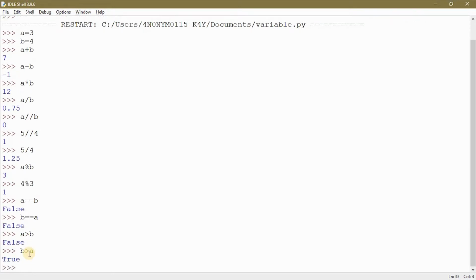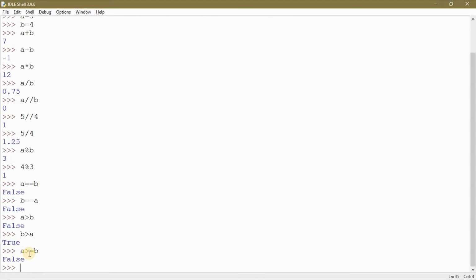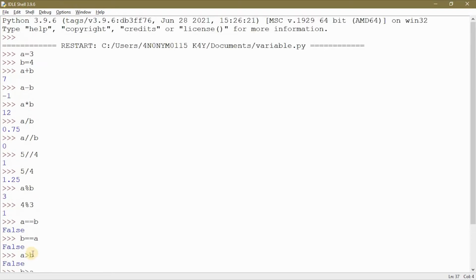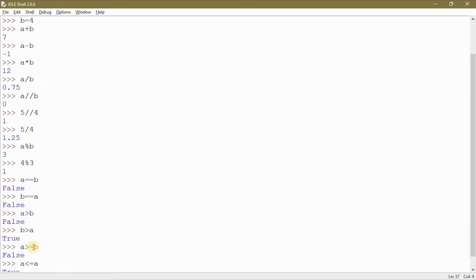And a greater than or equals to b is false, because it's not greater. Let's say a is less than or equals to 2. You can see that that is true. So these are basically what the arithmetic expression is.